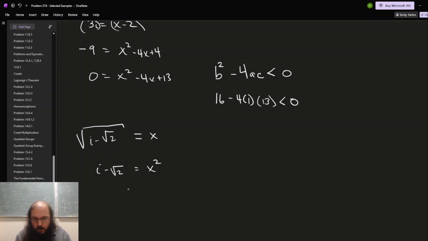So I'm going to try squaring both sides again, and we're just going to see what we get. So on the right, we get x to the 4. If I square this, I get i squared is minus 1 plus 2 times the product, which is minus i square root of 2 times 2. So hold on, it's minus 2i, that thing.